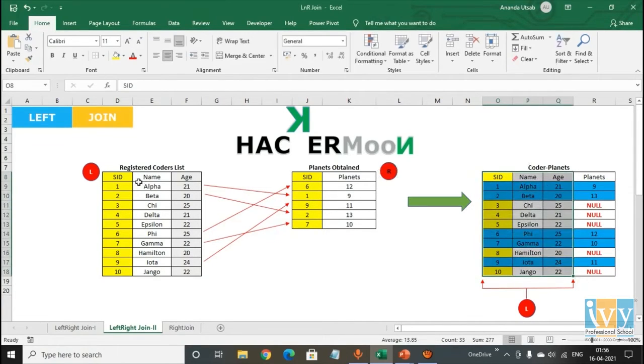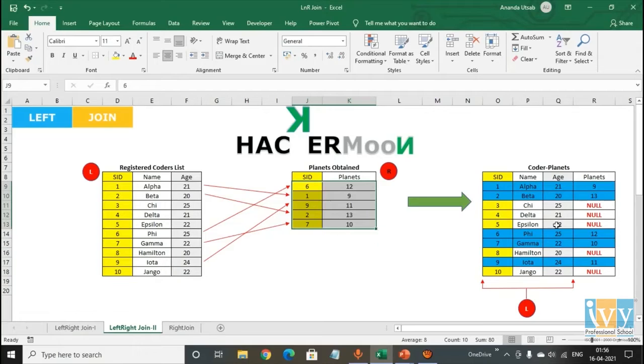Now all students are present only in the left table. So once again I would be using a left join, which will display all the entries of the left table first and the matching entries with the right table. 6, 1, 9, 2, 7 will all be getting the planets over there highlighted by the color blue, but what about 5, 3 and 8?